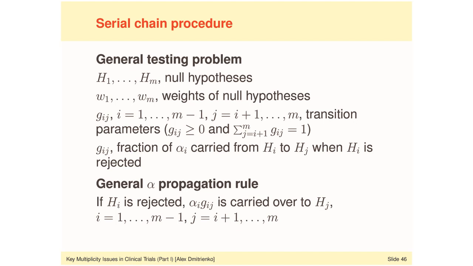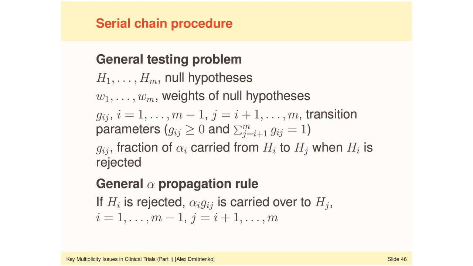So the transition parameter Gij, as you see on the slide, represents the fraction of alpha i, which was the significance level used in testing the hypothesis Hi. So this is the fraction that will be carried over from Hi to Hj after Hi is rejected.